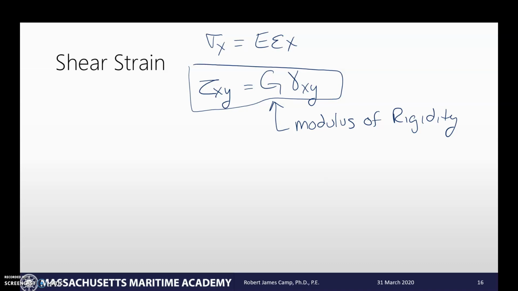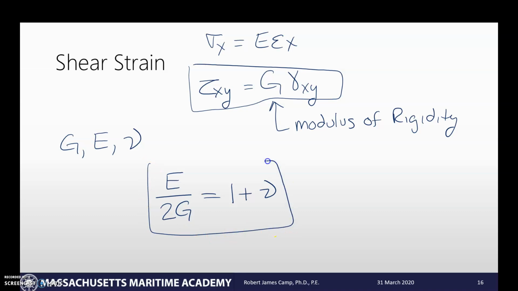Now, we have an interesting thing coming up because we have 3 properties that all deal with dimensional changes: modulus of rigidity, modulus of elasticity, and Poisson's ratio. And there is an important relationship between the 3 of them. If we take the modulus of elasticity and divide it by twice the modulus of rigidity, that's going to equal 1 plus the Poisson's ratio.